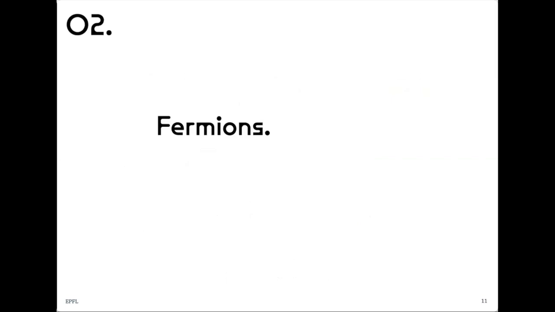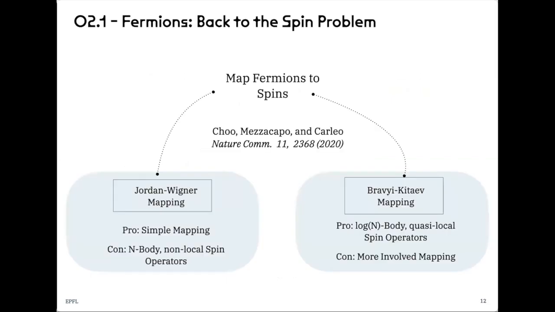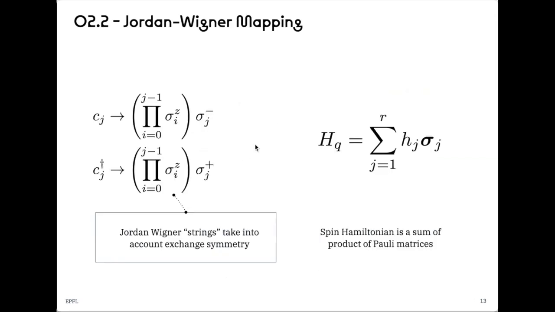So something that was discussed, I guess, by Javier was how we do fermions, right? He told you already about this, so I don't want to go too much into the details. But essentially, one possibility is to do this Jordan-Wigner mapping, where you transform fermionic operators into spins.